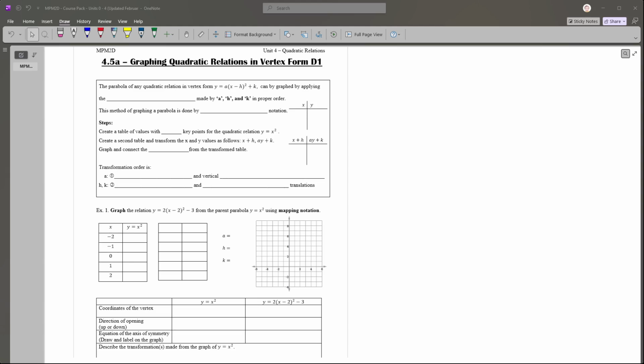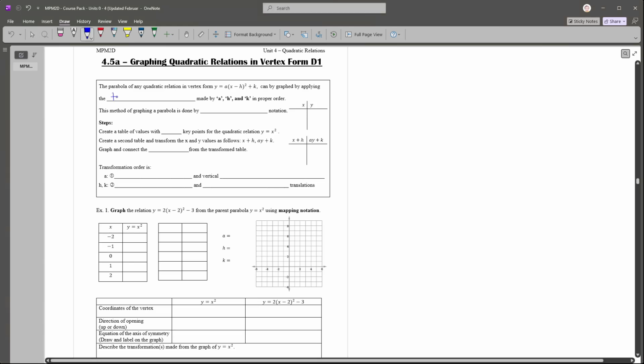It also represented whether we should reflect in the x-axis. h represented how much we translated the entire curve, the entire relation, left or right, horizontally. And k represented how much we translated the entire curve vertically. Now, if you want to try and keep these two apart, h and k, h is for horizontal. h means left and right.